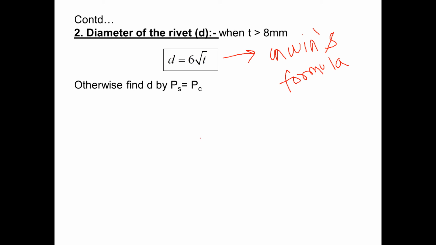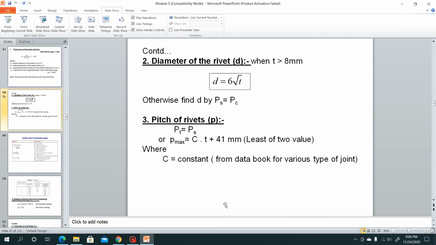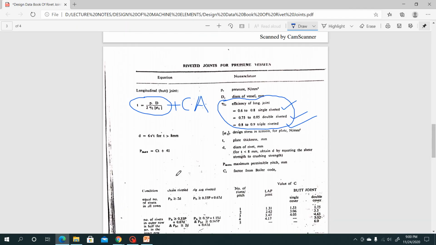When thickness is less than 8 mm, you can check in the data book. It is already written that when thickness is less than 8 mm, you have to get the diameter of the rivet by equating the shear strength of the rivet, that is PS, with crushing strength of the rivet, that is PC.